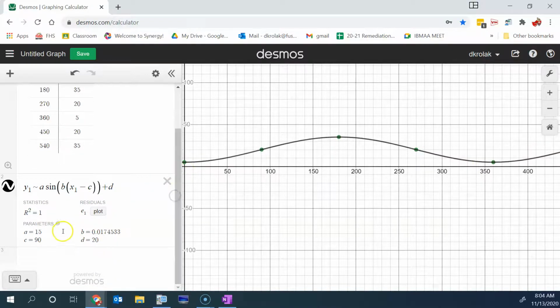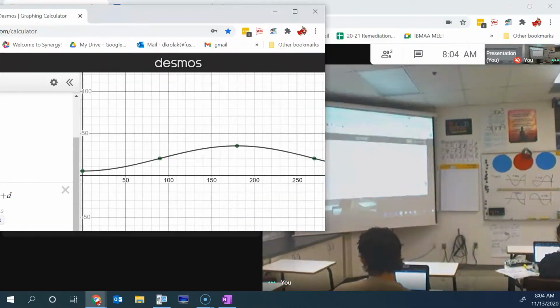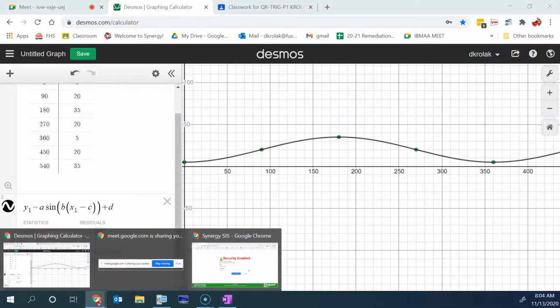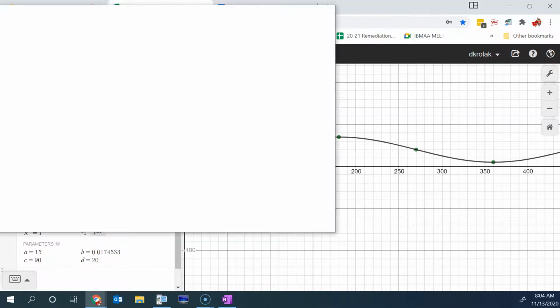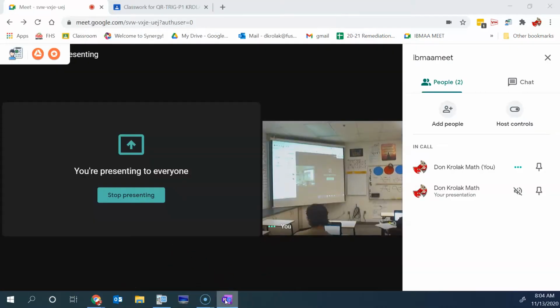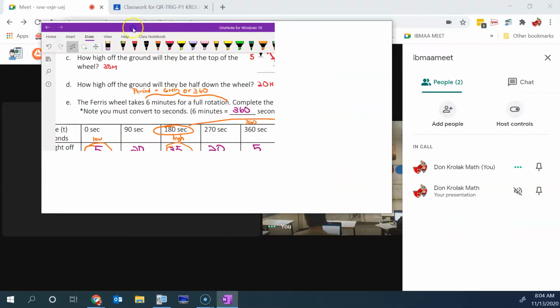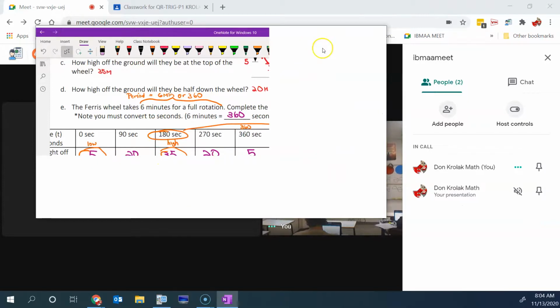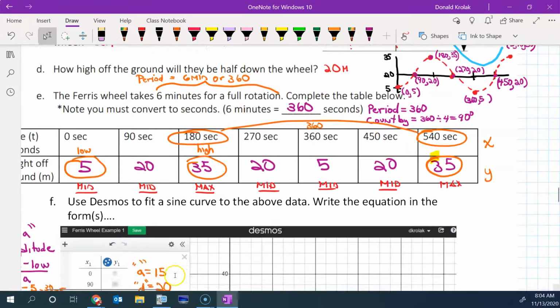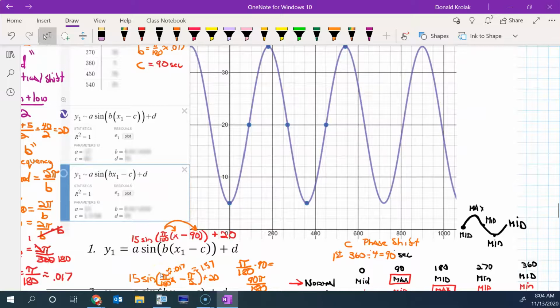And if you look at it, there's your equation. So we got, let's put that on here now.